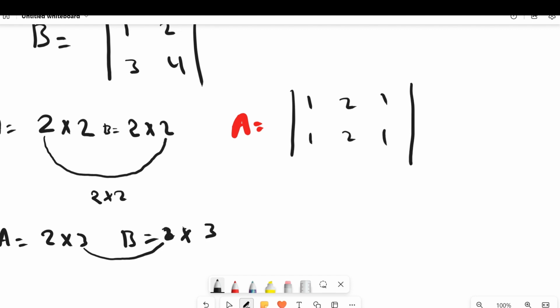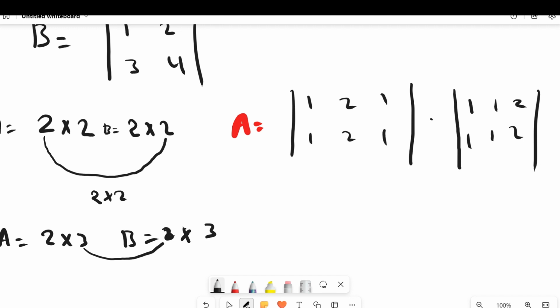And we also have another matrix, which is a 2 by 3 matrix. That matrix is this one, with 2 rows. Let's say 1, 2, 1, 2, 3. So these two matrices cannot be multiplied.